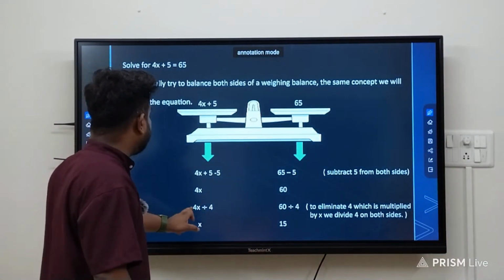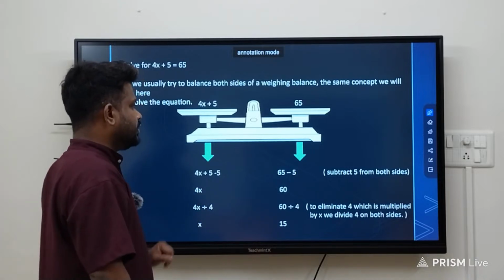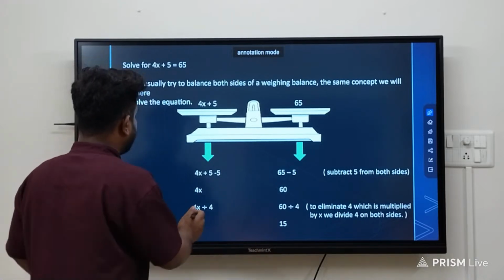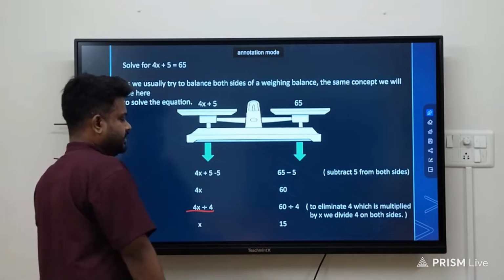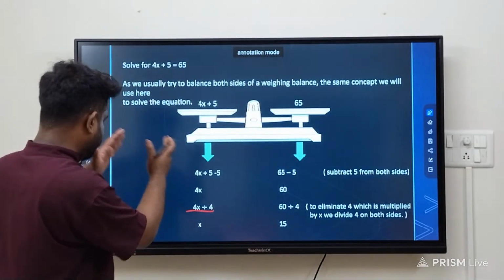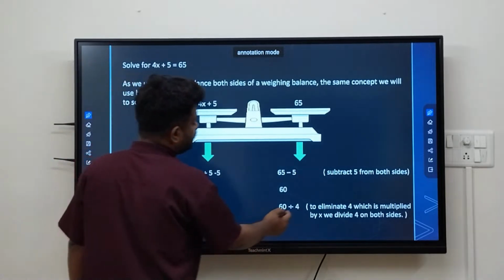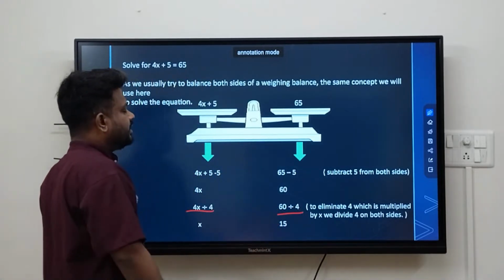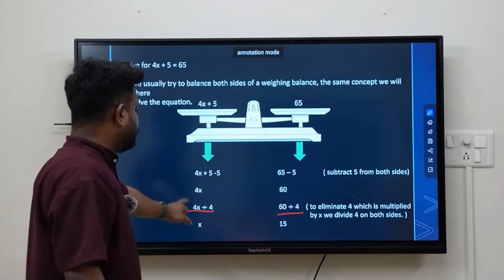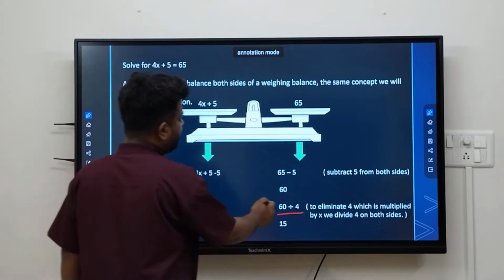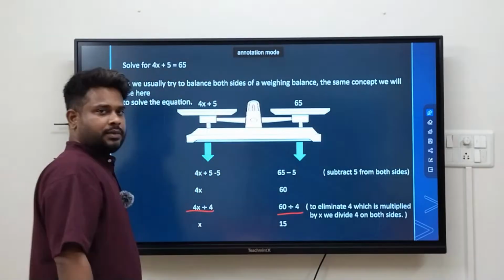Then we will try to remove 4 from the 4x. To do this, we have to divide 4x by 4, and if we do this on the left side, then we will have to do this on the right side. So it will eliminate 4, as well as make 60 into 15.